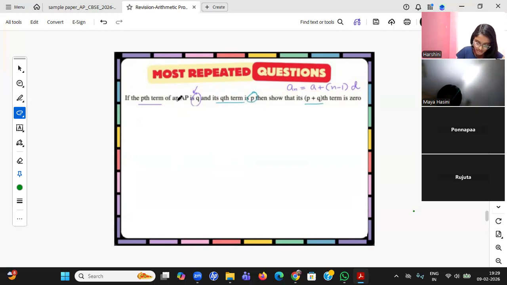The pth term of an AP, A of P, like the nth term of an AP is A of n, is Q. And the qth term of the same AP, A of Q, is P. Okay, this is what he has given.